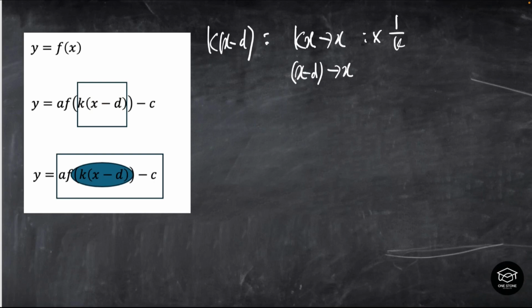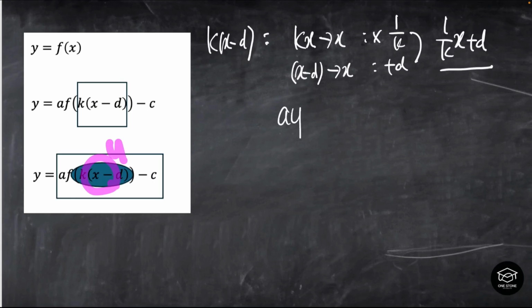And for x minus d to become the original x, you need to add d. So the x-coordinate on the transformed graph becomes 1 divided by k times x plus d. The new y-coordinate stays in the form a times y minus c. Let's try practicing this just a couple of times.